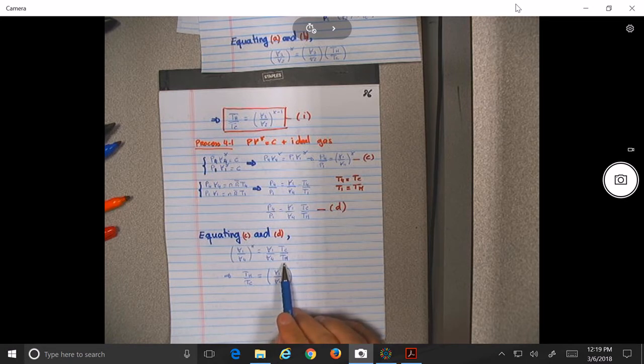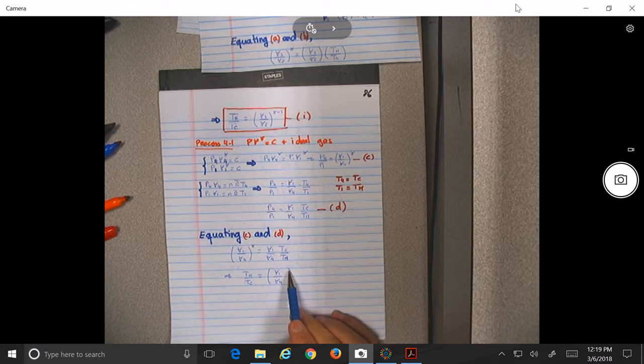You see, I moved this one to this side, no? So if you move this one to this side, you have V1 over V4, and this one will be V1 over V4 to the minus gamma, no? Because you move it to the side.